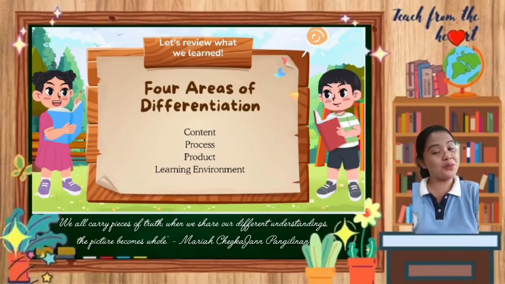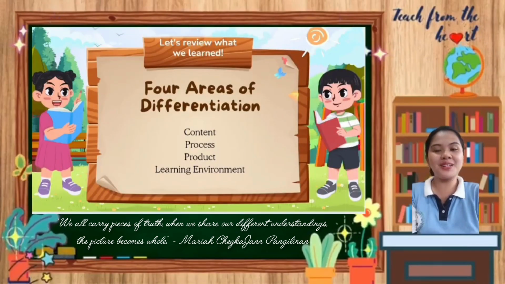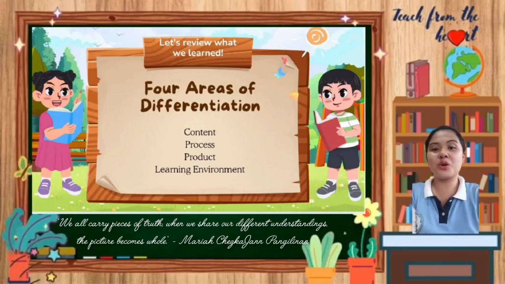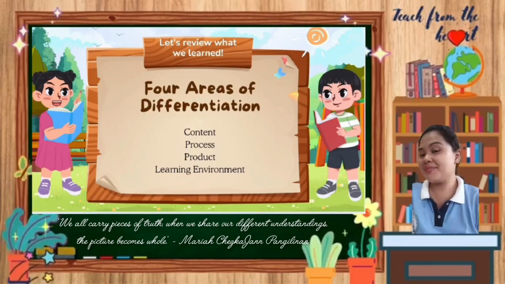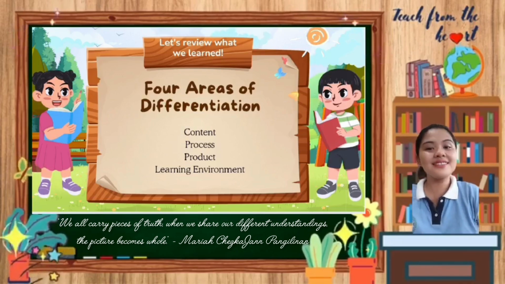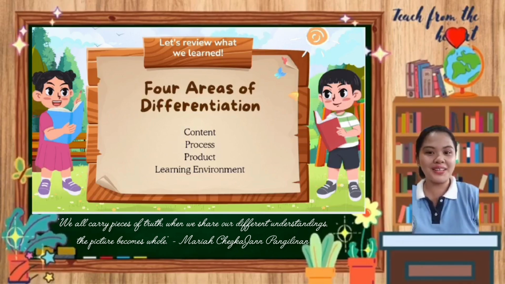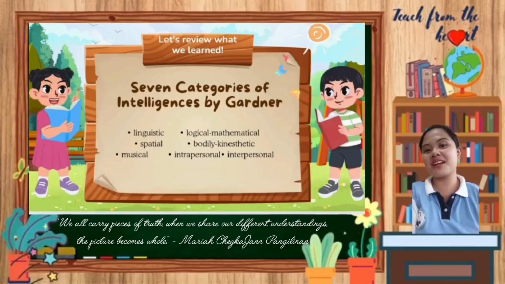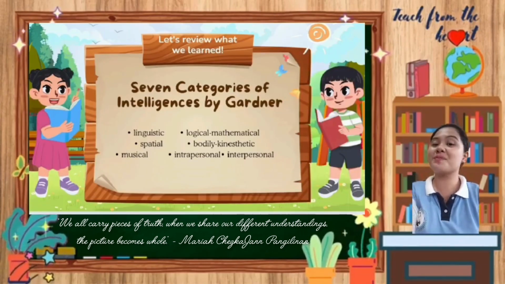Let's review what we learned about differentiated learning. First, what are the 4 areas of differentiation? Very good. It's content, process, product, and learning environment. Alright, how about the 7 categories of intelligences by Gardner?